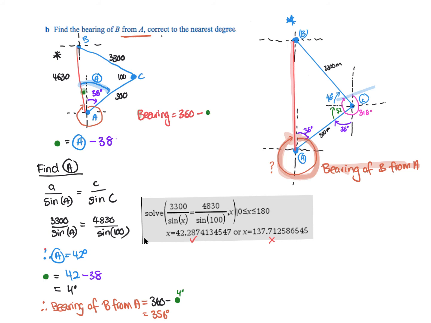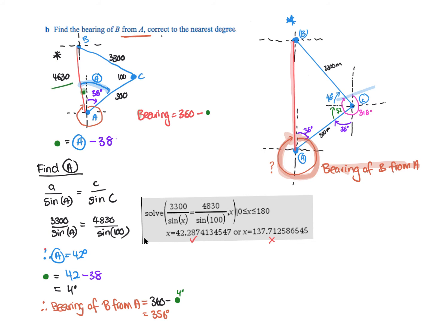Okay, so there's a few things I've got to find. I need to find angle A. So I've gone off and used the sine rule for that, because I've got side a and I want angle A, so I'll use that. And I've got angle C, and I just found in the previous question side c, so I'll use that.